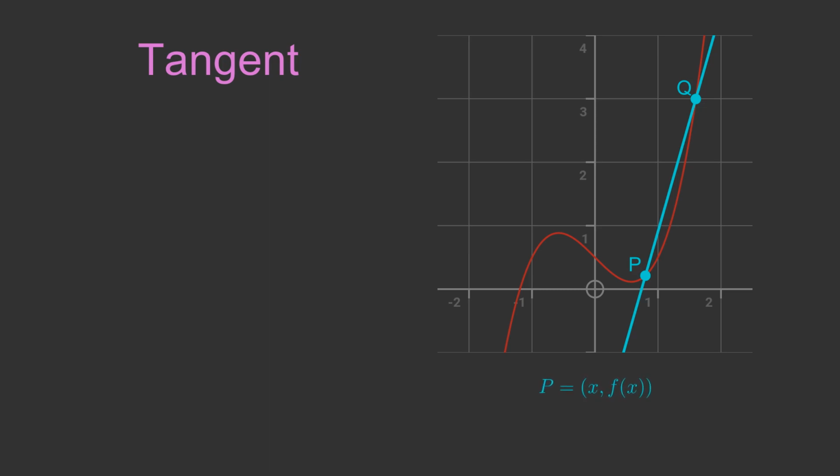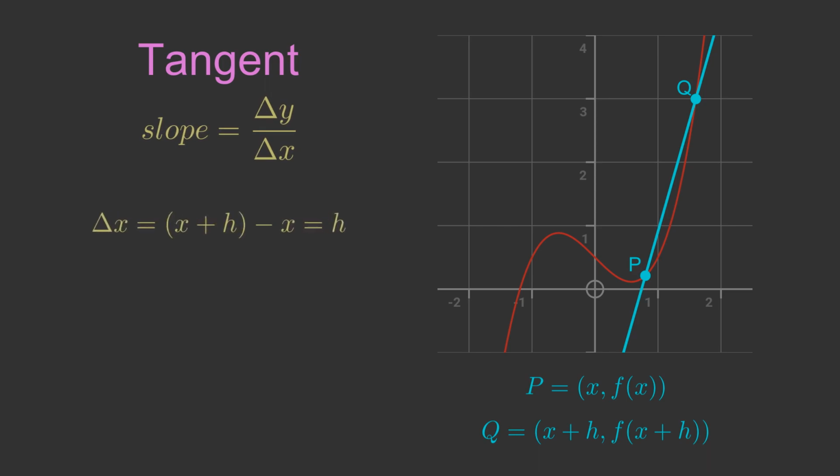Point P has an x value of x, so its y value is f of x. Point Q has an x value of x plus h, where h is some small value. Its y value is f of x plus h. The slope of the line is given by delta y over delta x. Delta x, the change in x value between P and Q, is x plus h minus x.